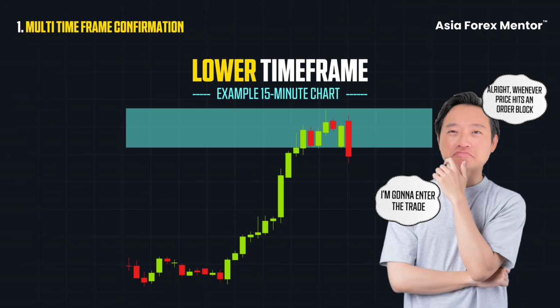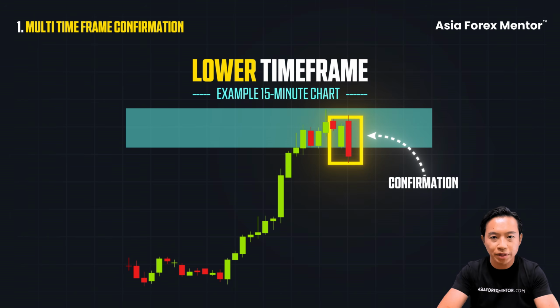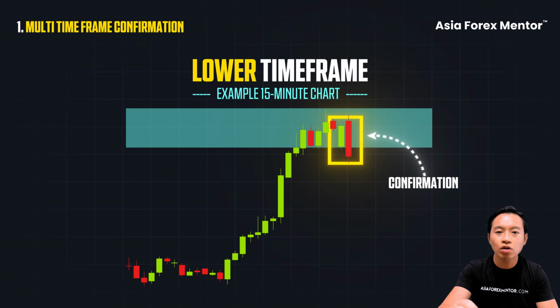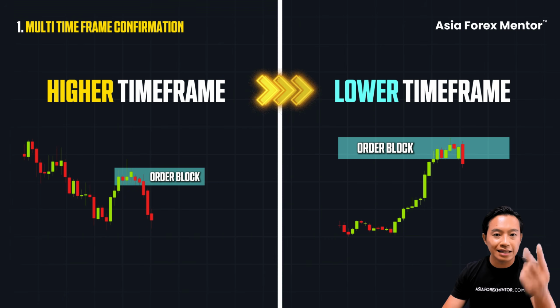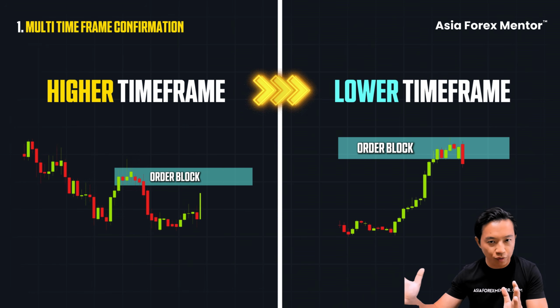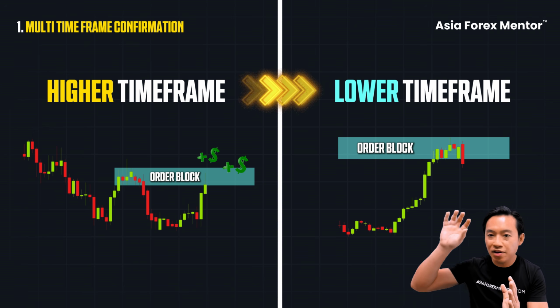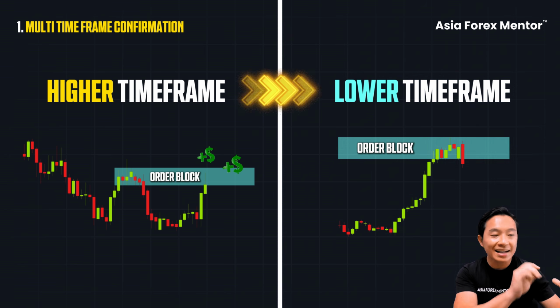Alright, whenever price hits the order block, I'm going to enter the trade? No. We wait for confirmation. With this, we are now trading with alignment. Think of it like a double lock system. The higher time frame sets the stage for you, because that's where the heavy money is being placed at that zone. The lower time frame acts as the key.